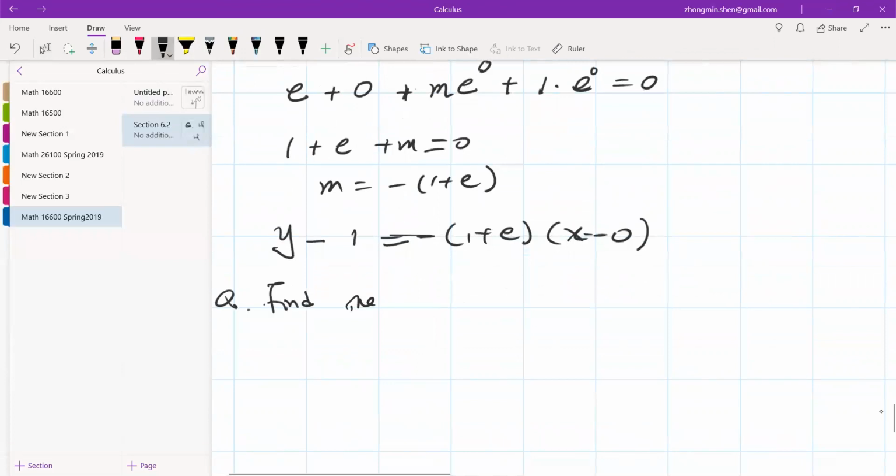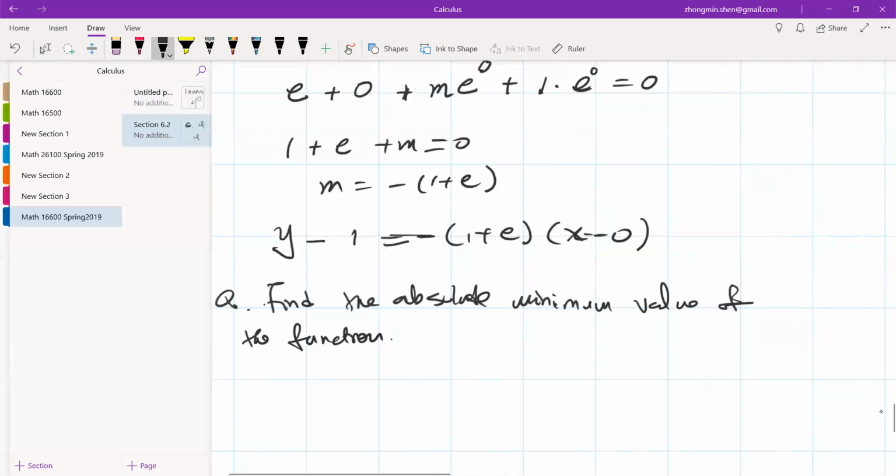Find the absolute minimum value of the function. The function is e to the x over x, for x greater than 0.